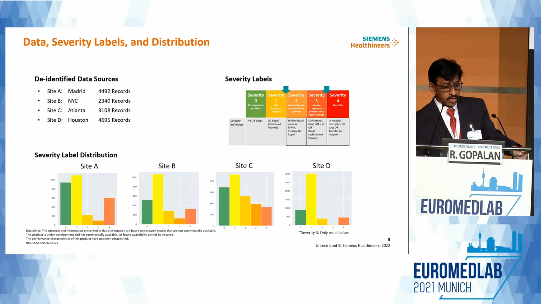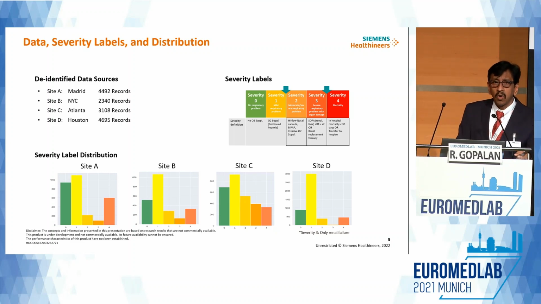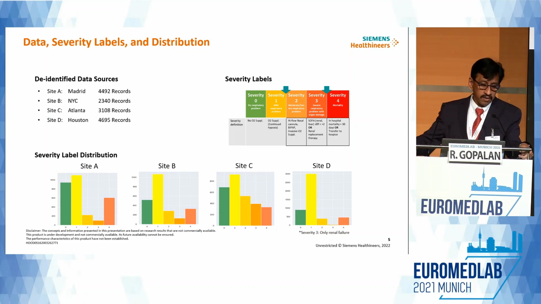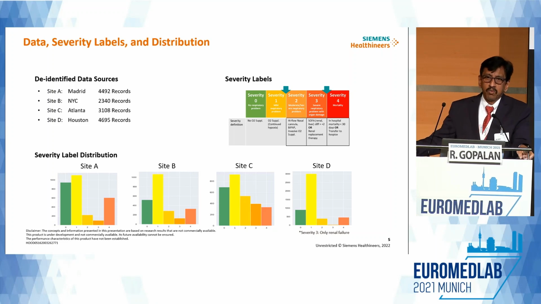So I want to give you a little more detail about the type of patients that we got. It is listed here as sites A, B, C, and D, and at the bottom you see the distribution of the patients. We divided them into a severity score of 0 to 4.